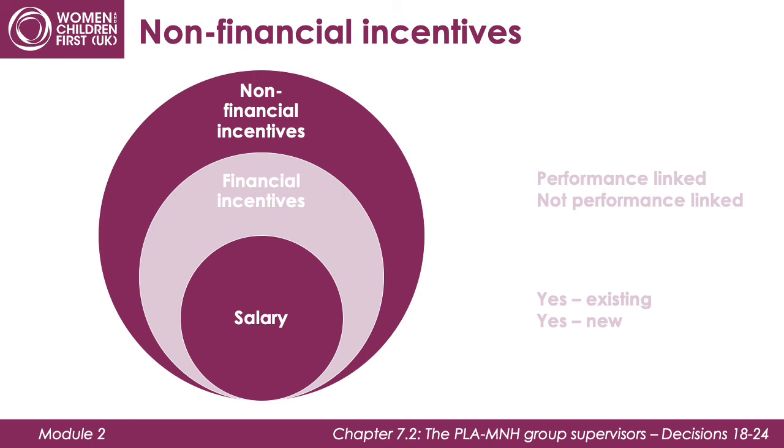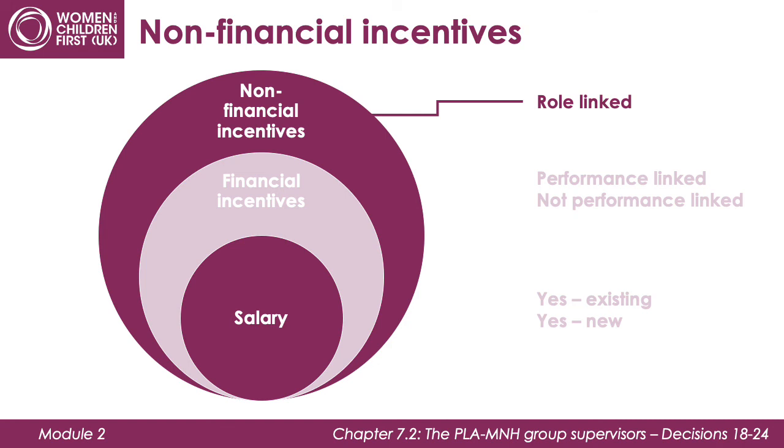Finally, let's consider non-financial incentives. When considering non-financial incentives, best practice is to consult the selected PLA-MNH group supervisors to find out what form of incentive they would value most. It is possible to make these incentives role-linked. In other words, they're an incentive for the PLA-MNH group supervisors that also helps them in their role.